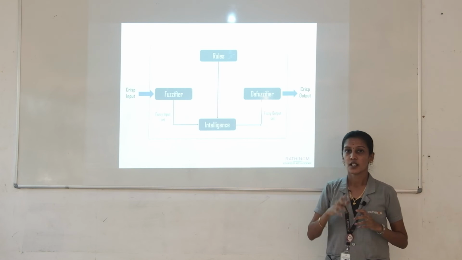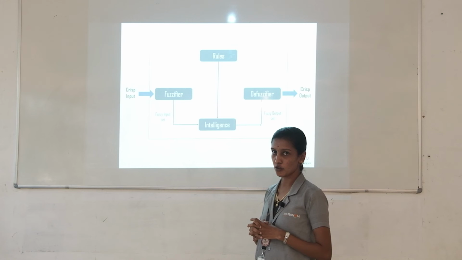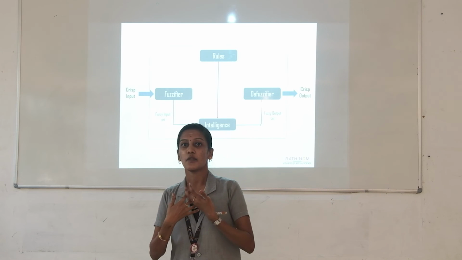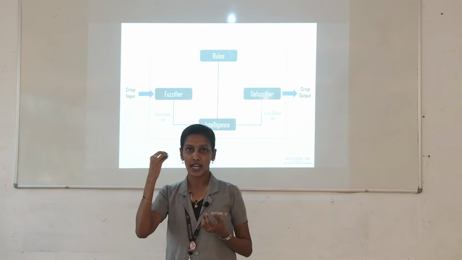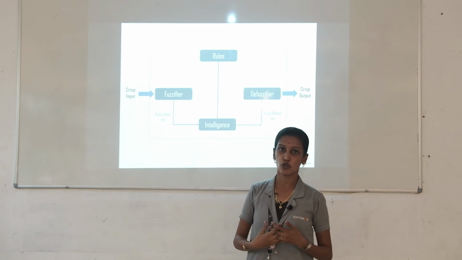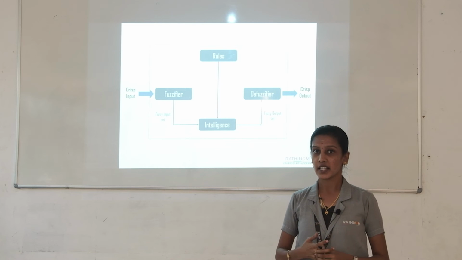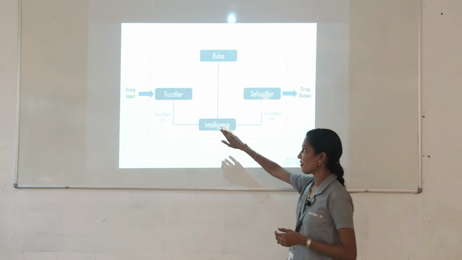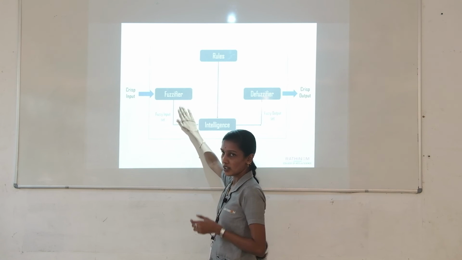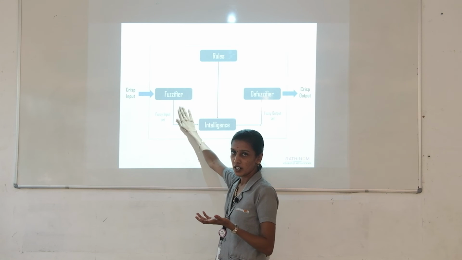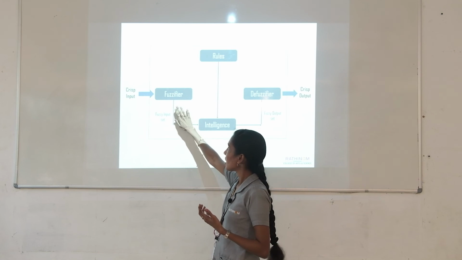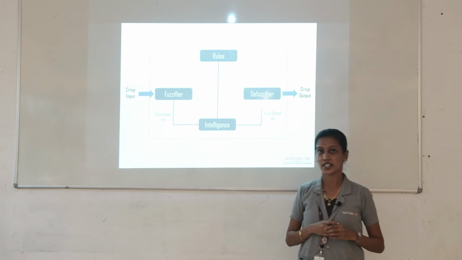So first we will be defining the set of rules, where at first we will be defining all the rules for any particular type of machine or controlling system. Then later we will be giving the crisp input, that is our normal input as we have as data, which is given inside the fuzzifier.